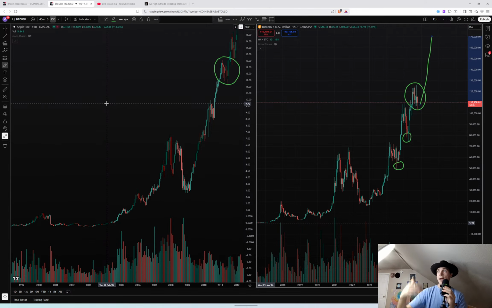Imagine a soda can. If you shake a soda can a whole bunch, build up all this pressure, and then you finally start to pop that cap, imagine the pressure that gets released. That's kind of like what happens in these markets to the altcoins and their big picture accumulations that they form. It's like a soda can getting shaken up inside of a big range or a big correction for a really long time.